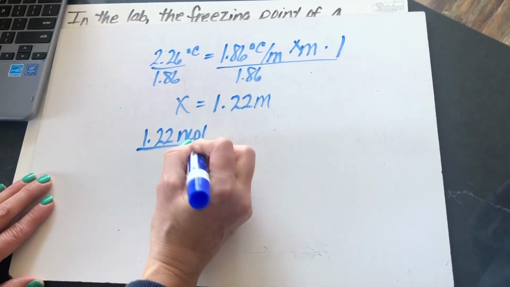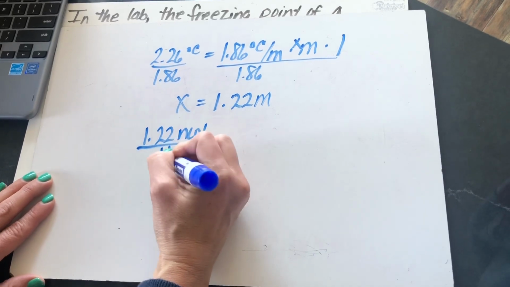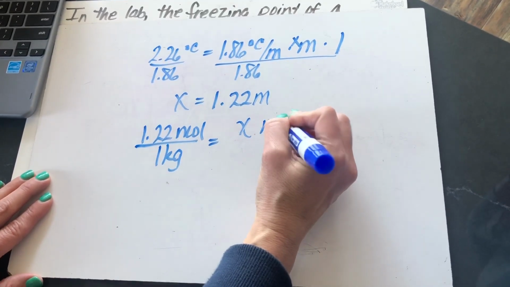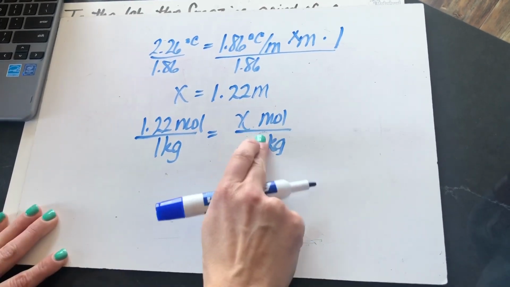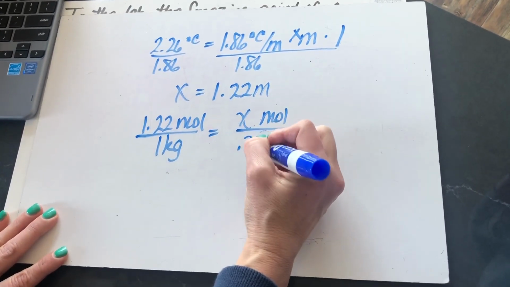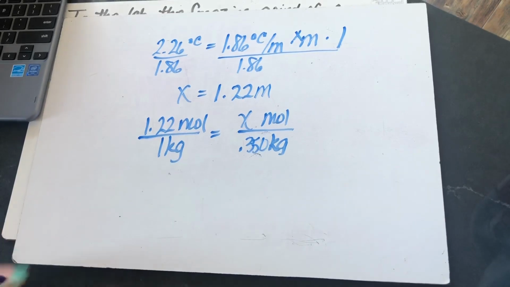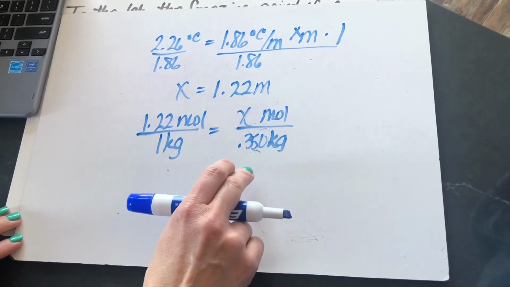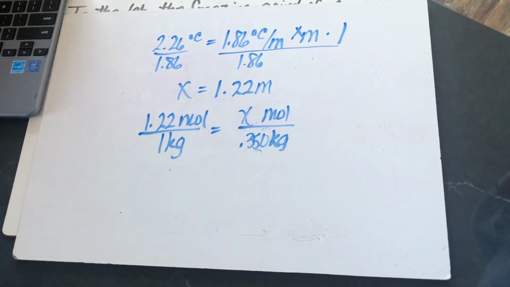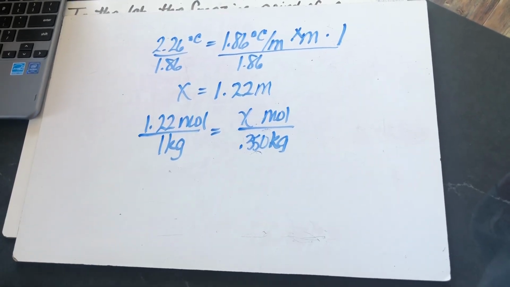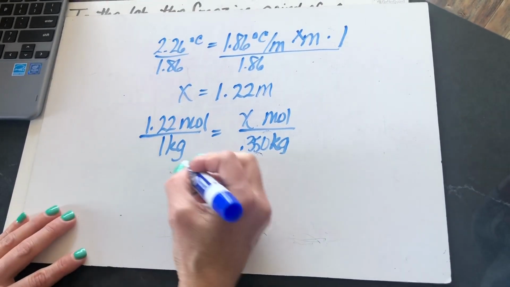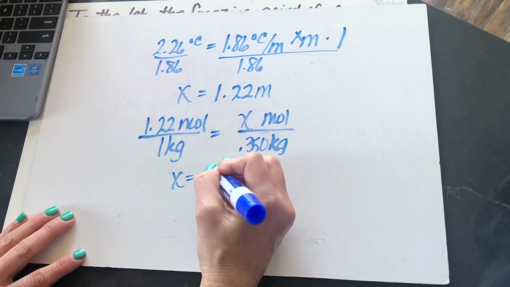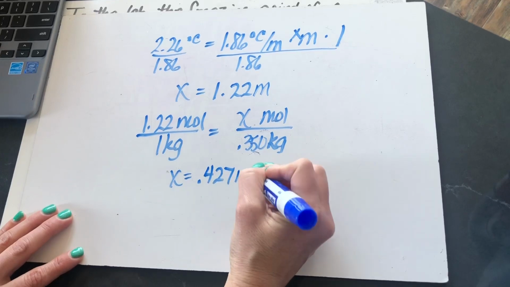Now remember, molality is how many moles you have per kilogram. So if I have 1.22 moles for every 1 kilogram, how many moles do I have for 0.350 kilograms, which is how many kilograms of solvent of water that we had? So we would go and cross multiply here. And when we do that, we get 0.427 moles.